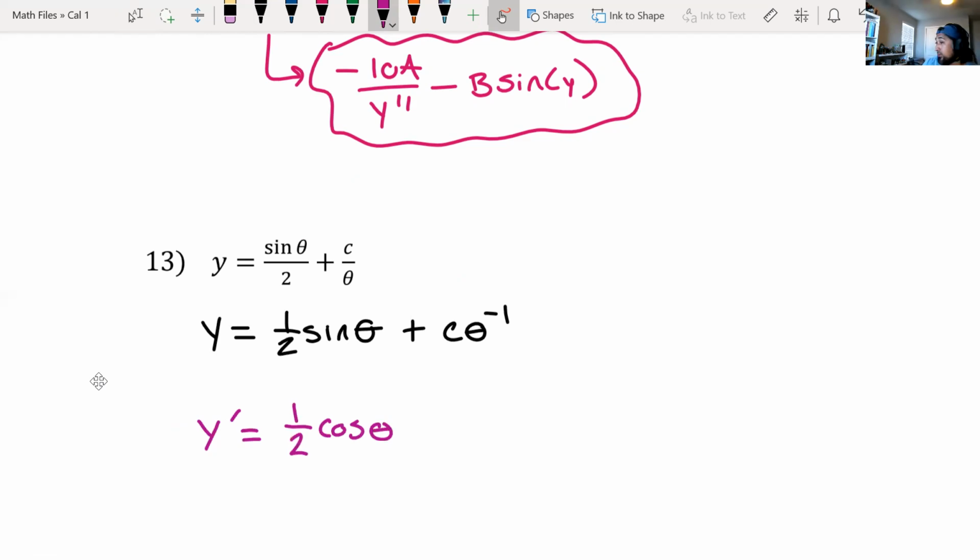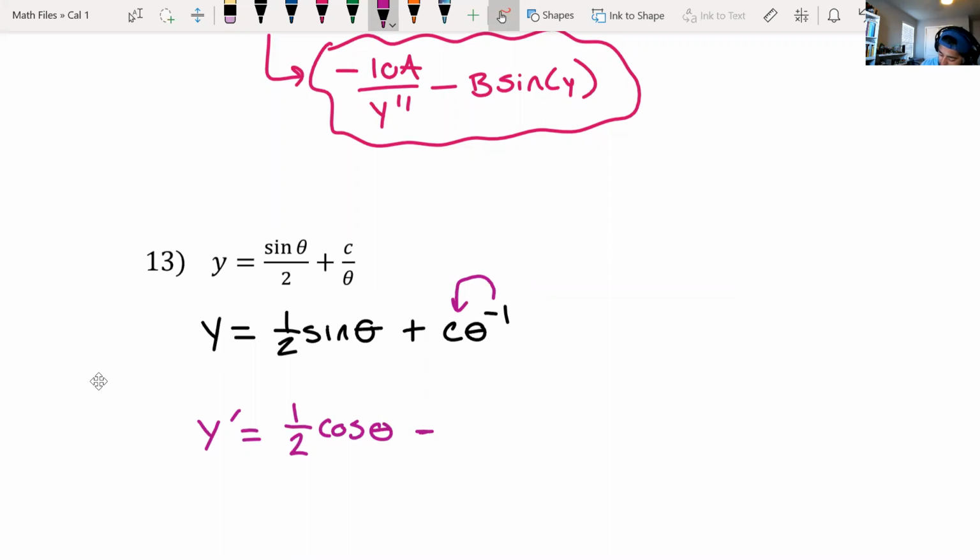What is the derivative of c times theta to the -1? And again, just treat c as a coefficient. The -1 will come down and multiply that, right?